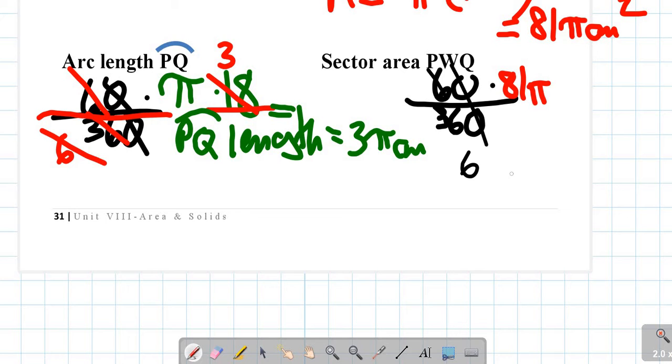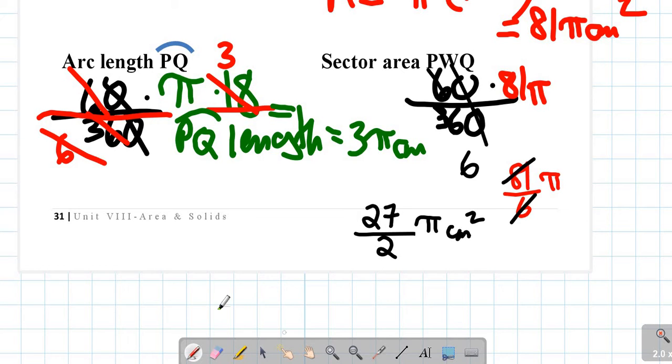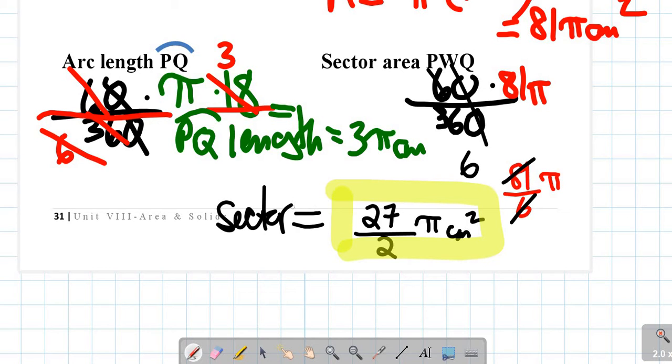All right. So this is both divisible. 81 over 6 is divisible by 3. Go ahead and do that. 27 over 2. And if I wanted exact terms, you leave it as a fraction. And when we say exact terms, that's what we mean. That is your sector area. Just write sector. It's implied that it's area. That's how you spell sector. S-E-C-T, that's an O-R.